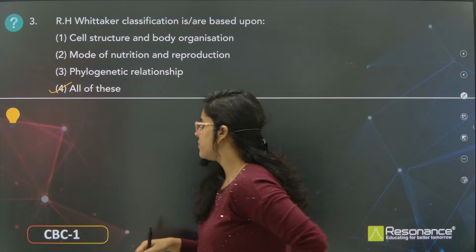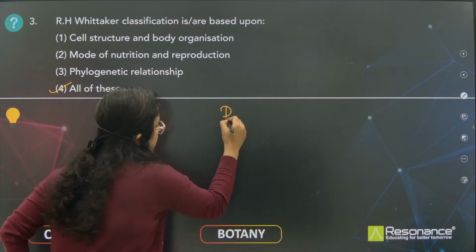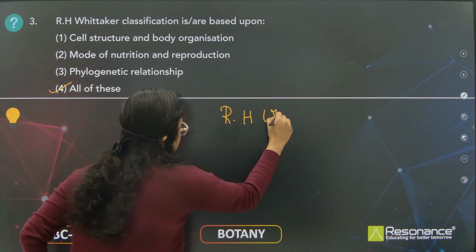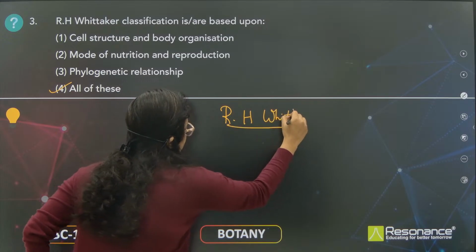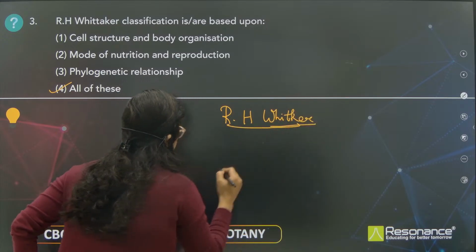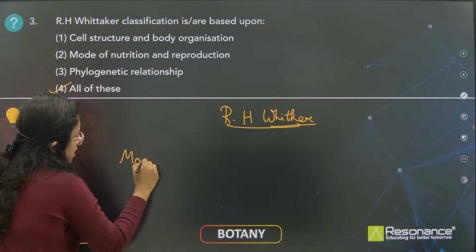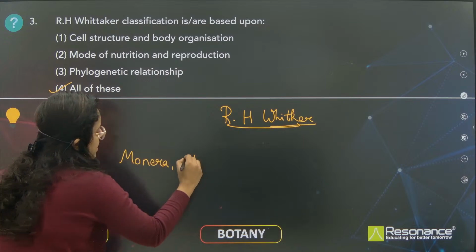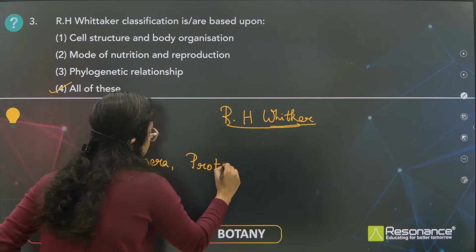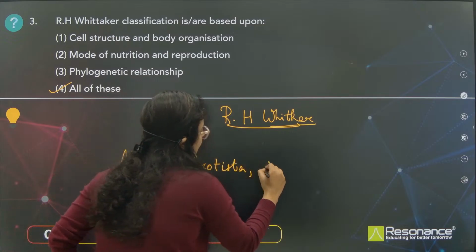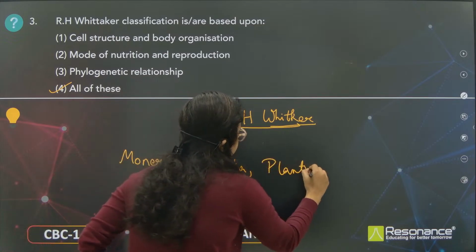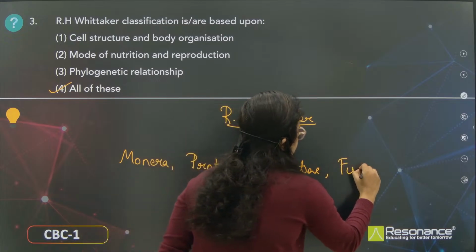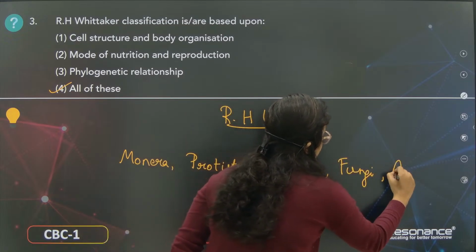So R.H. Whittaker has classified organisms into 5 kingdoms. Whittaker classification consists of Monera, Protista, Plantae, Fungi and Animalia.